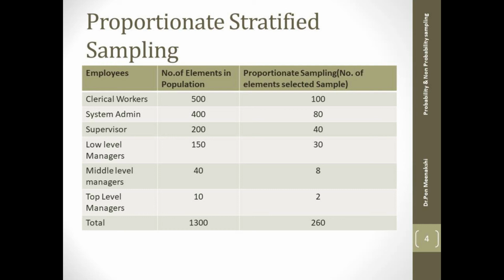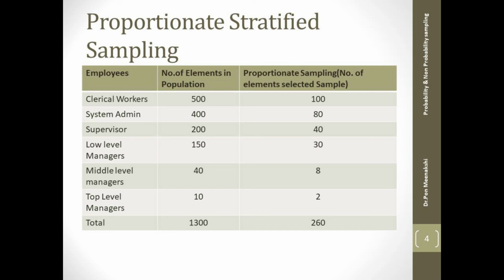So look at this: proportionate stratified, clerical worker, system admin, supervisor, low level manager, middle level. Totally 1300 employees are there. So I have to give some proportion, no? So I am selecting 20% of employees for different training methods.